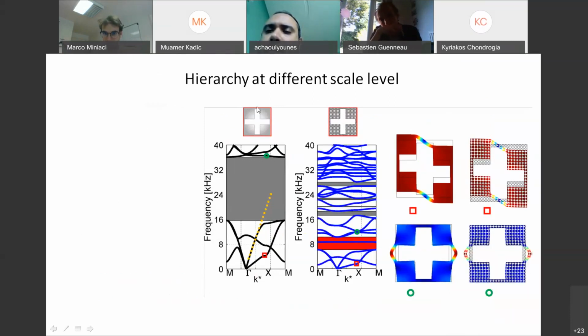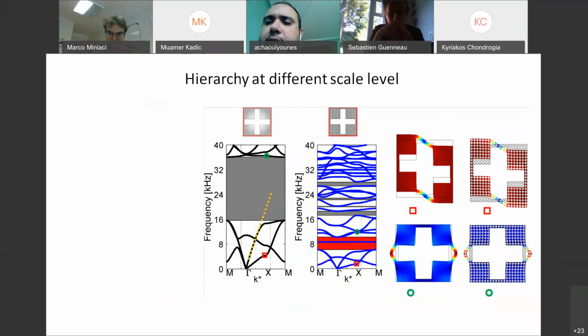But this structure is an ordinary cross-like holes. So this is a square with cross-like holes inside. This one has a cross-like hole here, but there are also a lot of very small cross-like holes here. So the two band structures, I would expect not to be the same.